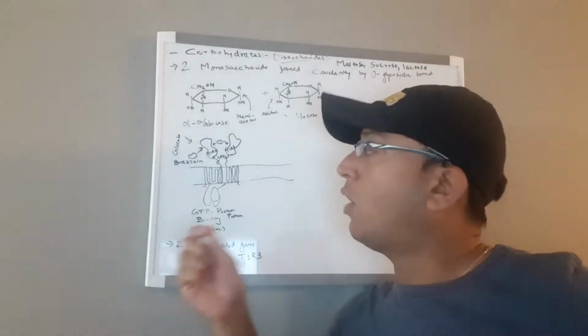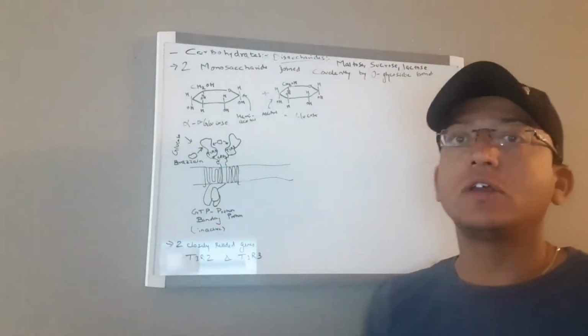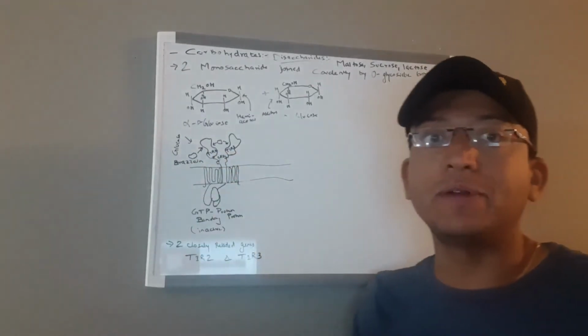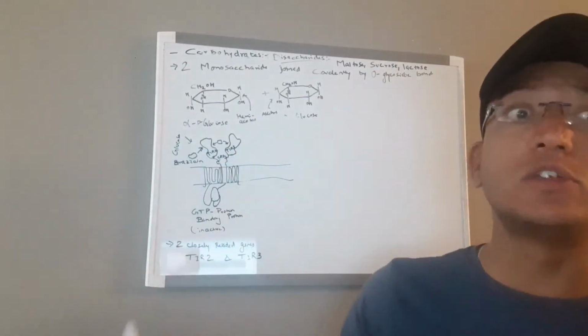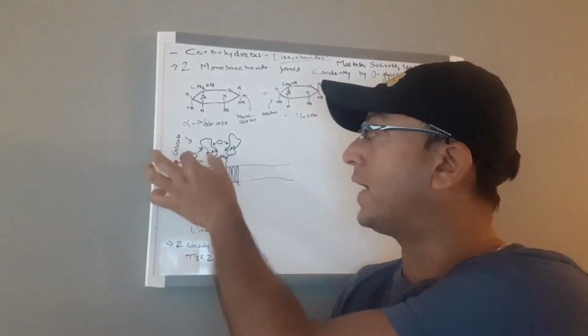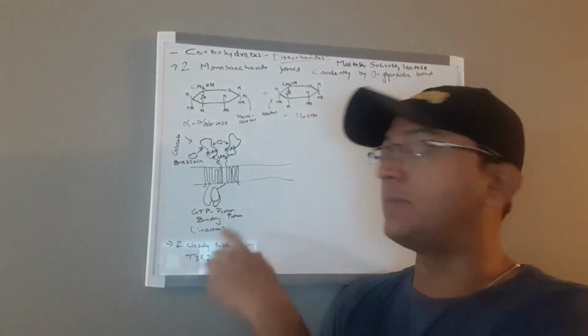So when a molecule with a compatible structure binds to this gustatory receptor cell, that is an extracellular domain, it triggers a series of events in the cell, including the activation of this GTP binding protein.